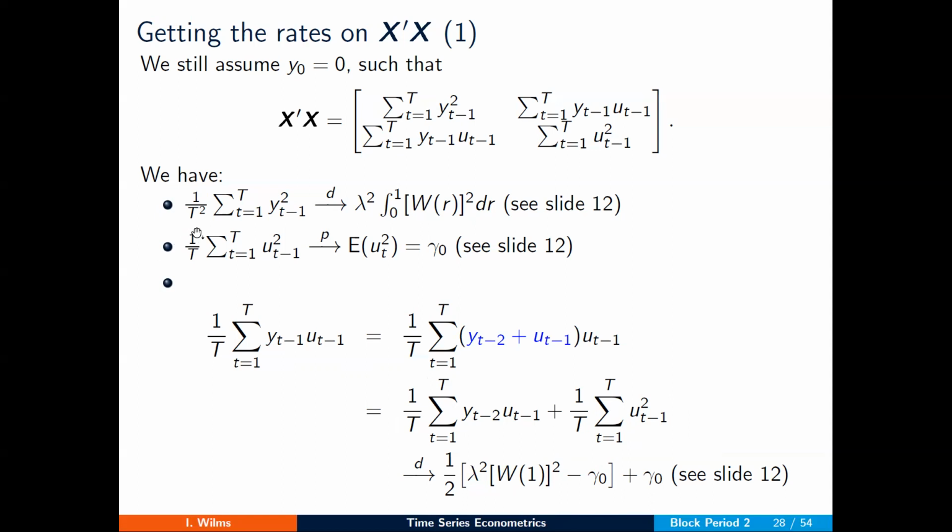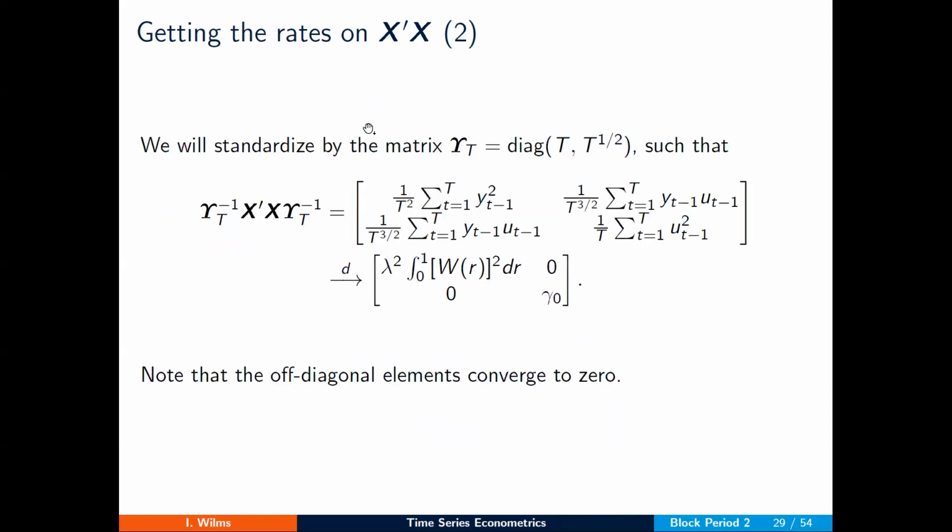Now that we have obtained the appropriate scaling for all of the terms, we are ready to introduce our scaling matrix upsilon that ensures that each entry receives its appropriate scaling. And to set up the scaling matrix, you look at the powers of t you need for the elements on the main diagonal.